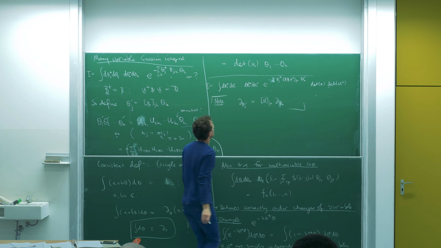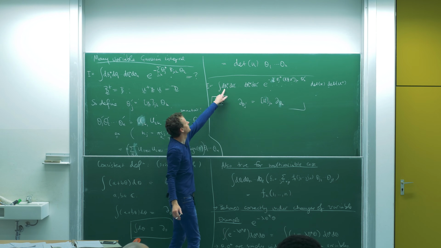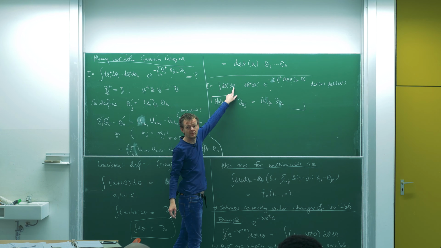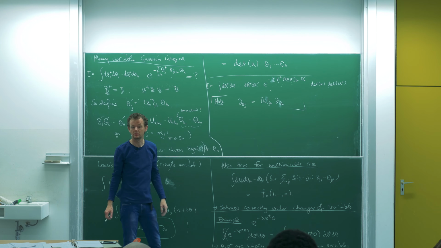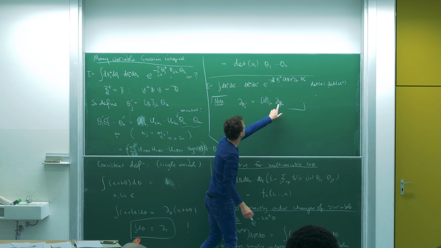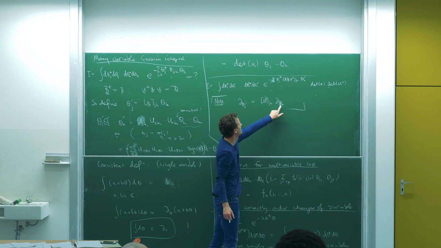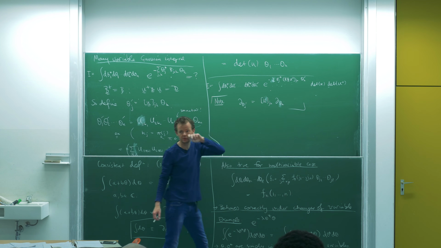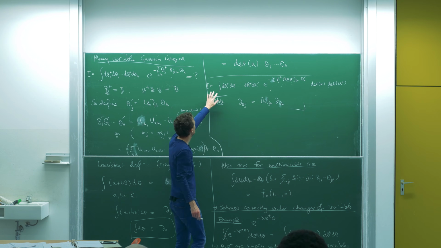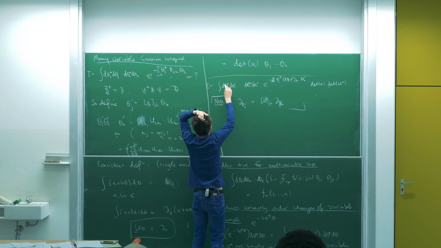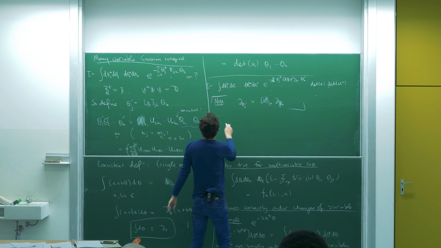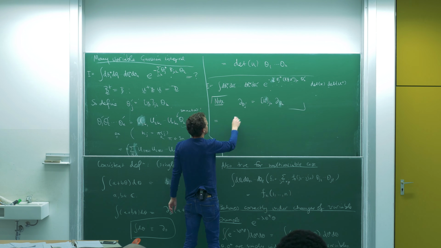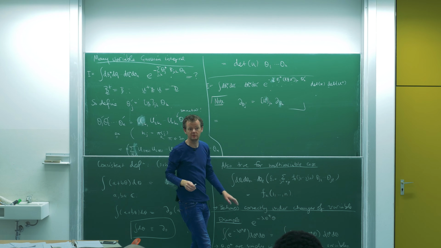Correct. So in order to evaluate this integral, we need to do the integral over the prime variables, but to do that we notice that the derivative with respect to the prime variables is related to the derivatives with respect to the original variables just via that change u. And then we remember that the integral itself is just the derivative. So then we finally get a super simple expression for this integral here.